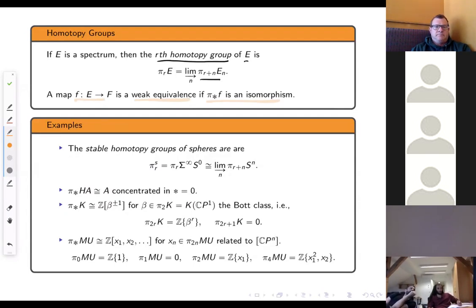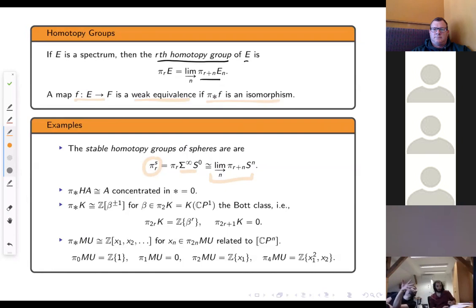Let's go for some examples. The stable homotopy groups of spheres are the homotopy groups of the sphere spectrum. Here I wrote the sigma infinity because there was space for confusion. Often we just write pi r s for that. That's common notation. The suspension spectrum had a spectrification in there, but you can check that the homotopy groups are actually computed by this colimit. Now we had our Eilenberg-MacLane spaces.